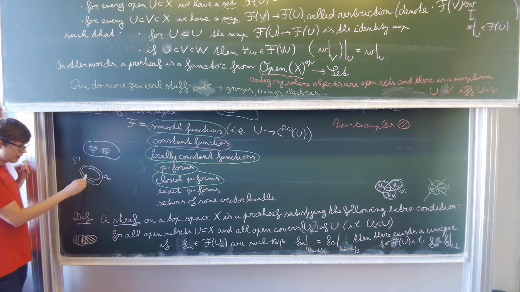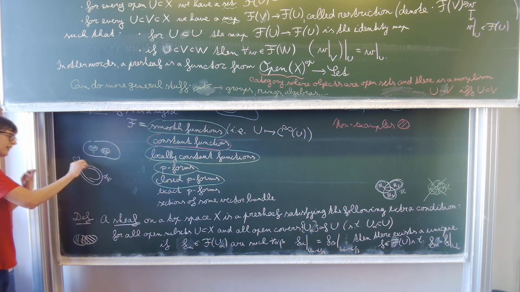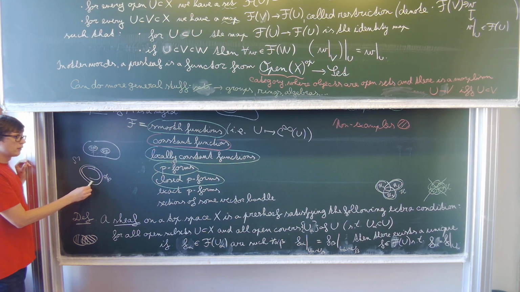But how does it fit in the example? If I take this open set here, it is contractible. Once again, I take these open sets, and I take d phi defined here and d phi defined here. They coincide on overlaps because it's d phi. It extends to a form on the whole thing, namely d phi, but it's no longer exact.